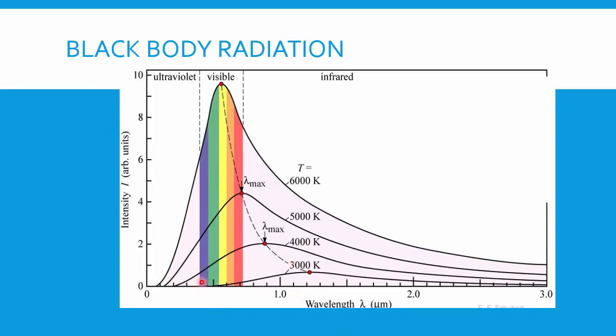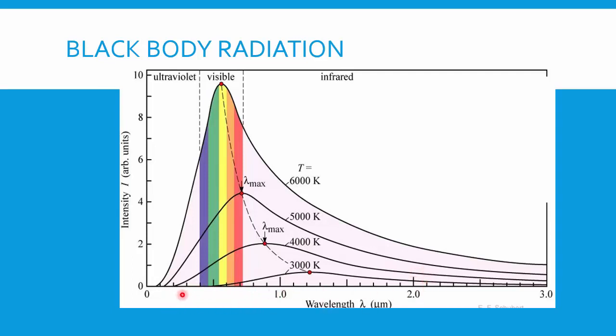Because when physicists tried to explain this experimental curve, the experimental curve shows in the x-axis wavelength, and in the y-axis the energy density, or you can also plot the intensity of the emitted light from the black body. In this region you have the ultraviolet region, because wavelength is plotted in the x-axis, so ultraviolet light has less wavelength, then comes the visible, then the infrared.